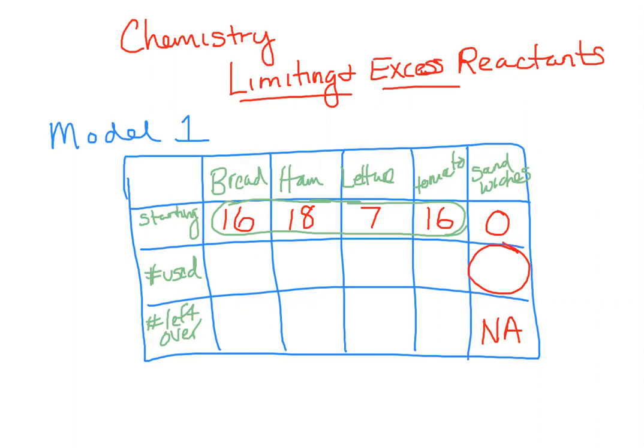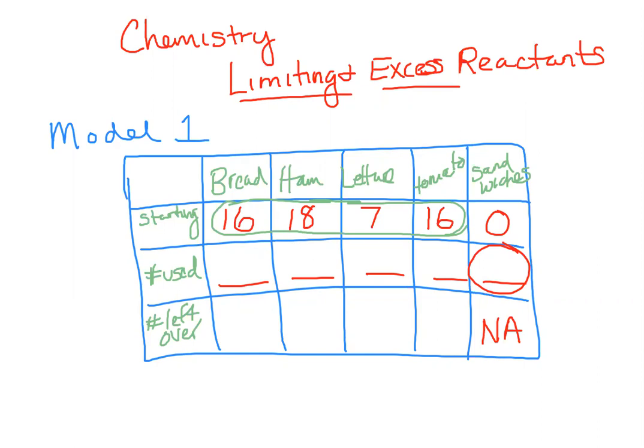The most sandwiches you can make with 16 slices of bread, 18 slices of ham, 7 lettuce, and 16 tomato, using that recipe they gave you. So go ahead and fill in the numbers right here and how many sandwiches you can make. And then down here is how many you have left over.